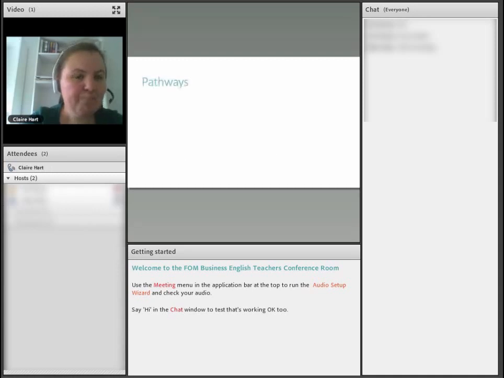Okay, but finally, pathways. I like the word pathways. The pathway which I am being given in the Hochschule where I teach is, here's your syllabus, there you go, start at Unit 1, work through to Unit 9.